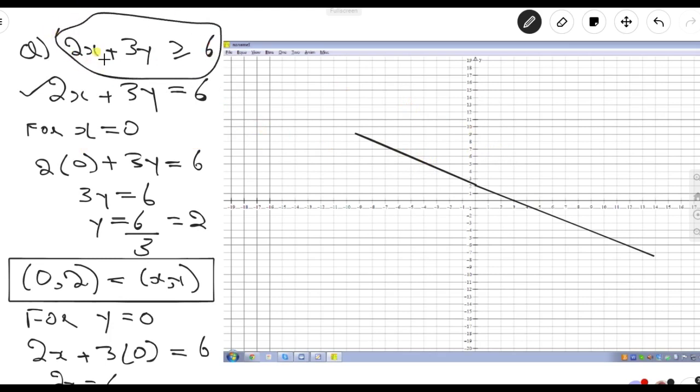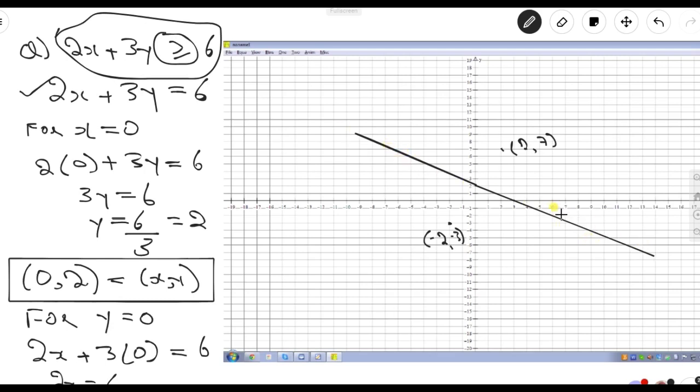So how are we going to find the region over here? Is it this or is it this? We have no idea. We have to check this first. So one point above, which is (2, 7). Another point which is (-2, -3). And at least one point which is lying on this line.